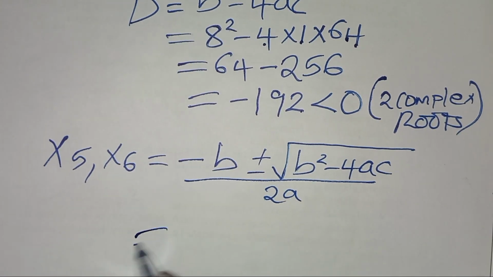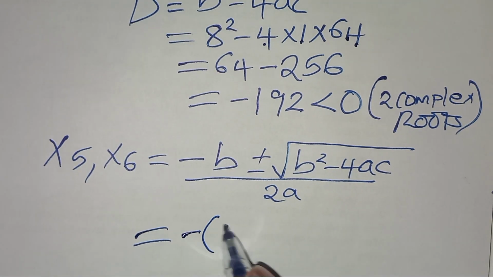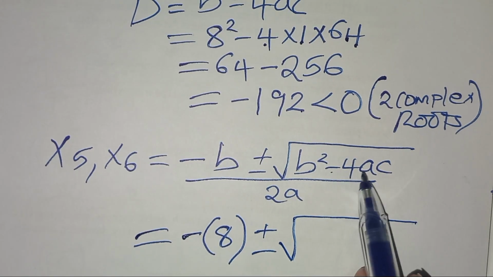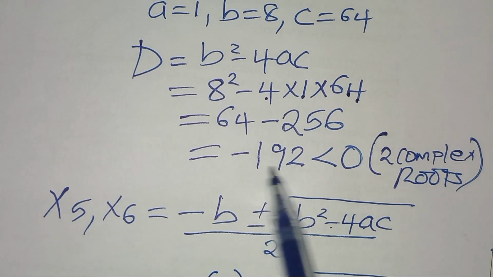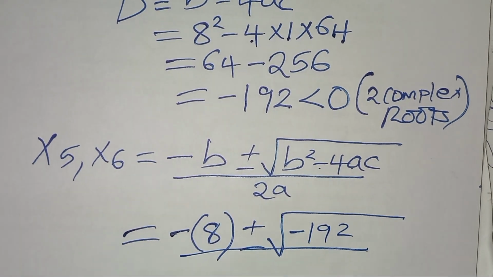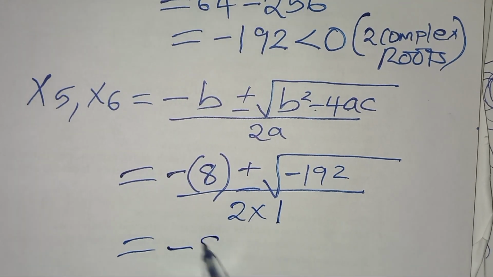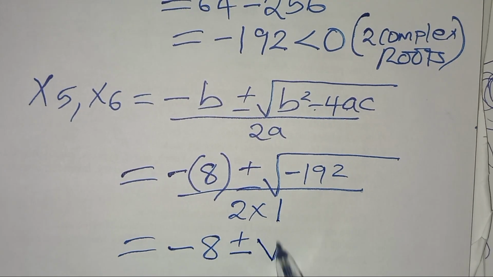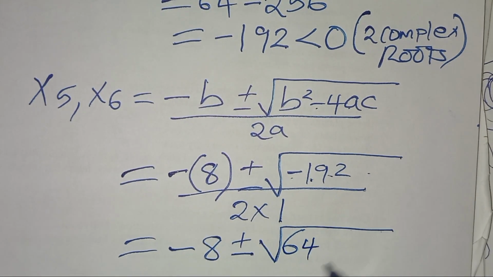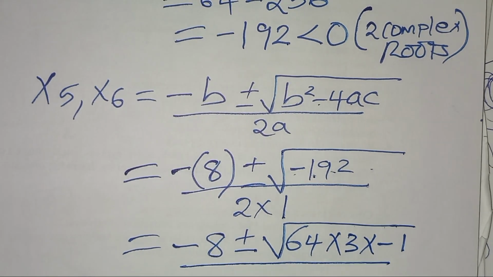So that implies that here, substituting the value of a, b, and c, this is minus 8 plus or minus the square root of b squared minus 4ac, which is minus 192, divided by 2 times 1. So here we have negative 8 plus or minus. Now here we can express negative 192 as 64 times 3 times negative 1, all this divided by 2.